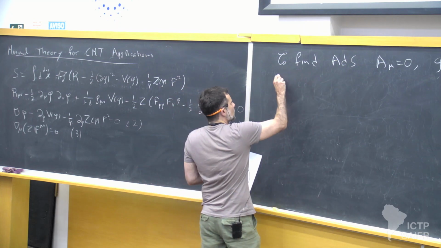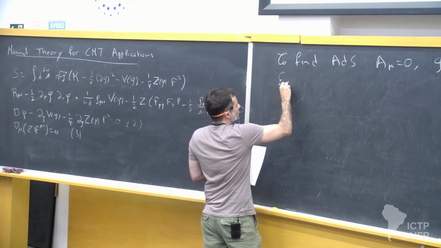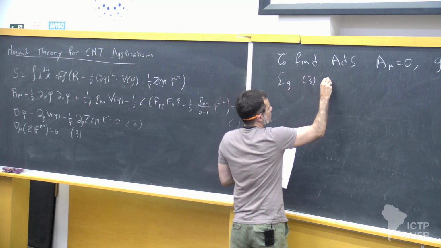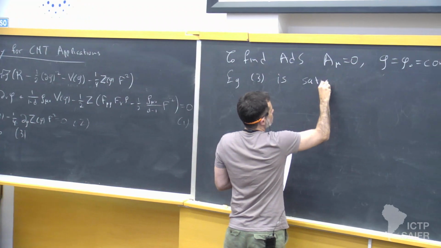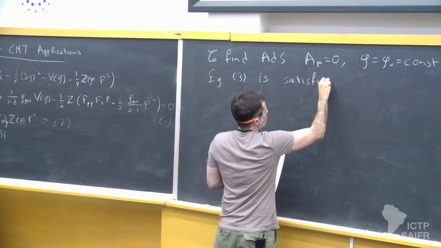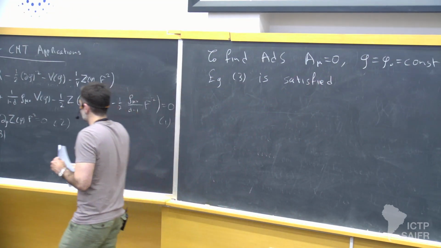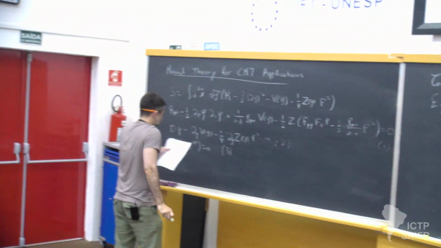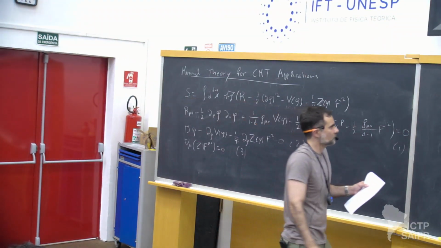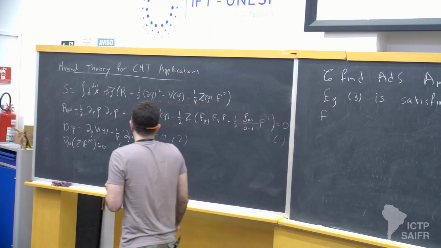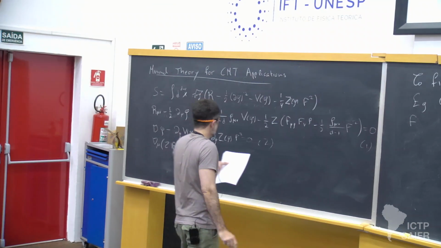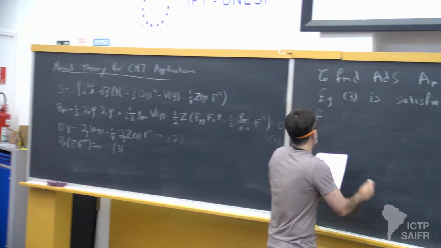So setting the gauge field equal to 0 trivially satisfies equation 3. Okay, so the field strength of 0 is 0. So 3 is automatically satisfied. Now, setting phi equals a constant, after having set the gauge field equal to 0, in equation 2.